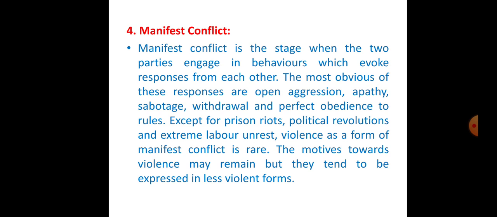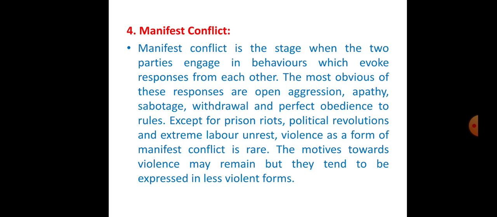So that means here, except for prison riots or political revolutions and extreme labor unrest, violence as a form of manifest conflict is rare. Or where you express it through aggression or withdrawal or apathy.